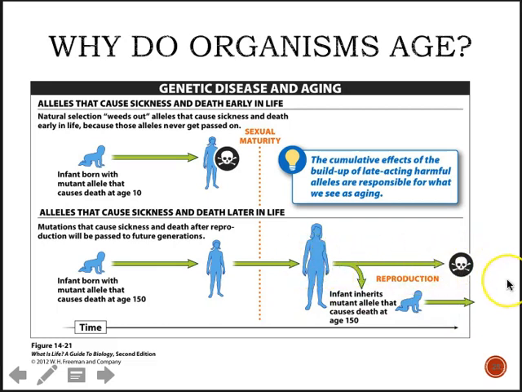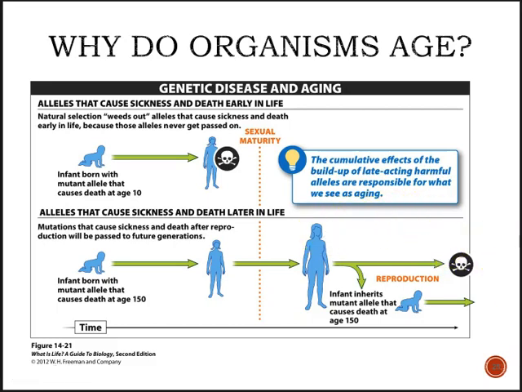So what I'm trying to say is that things like aging, gray hair, wrinkles, brittle bones, all these things that we associate with aging are actually alleles that cause sickness and death later in life. You're passing those characteristics on to your offspring before you express them, before they actually kill you.